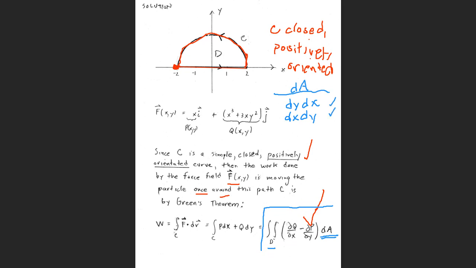What's another dA entity, one that might be helpful for this region? All right, good, Norina. r dr d theta, right?